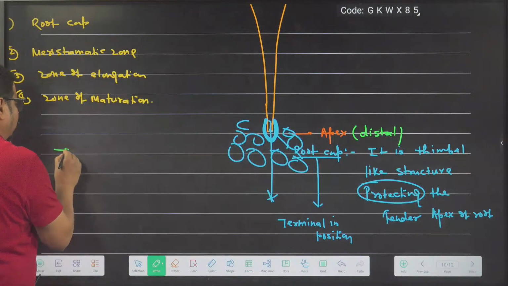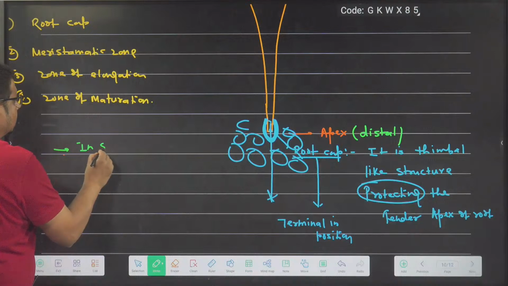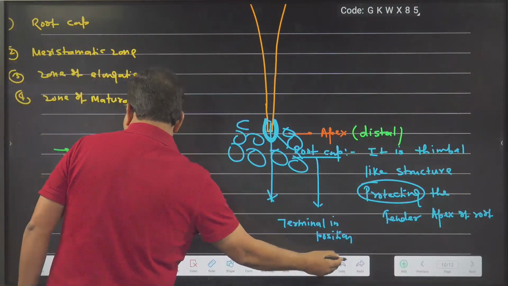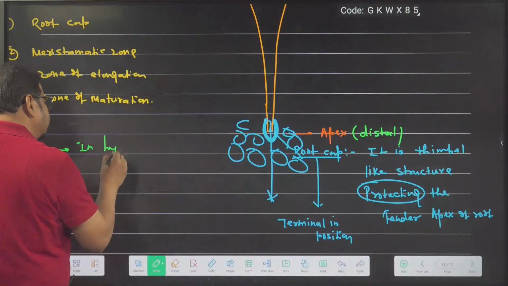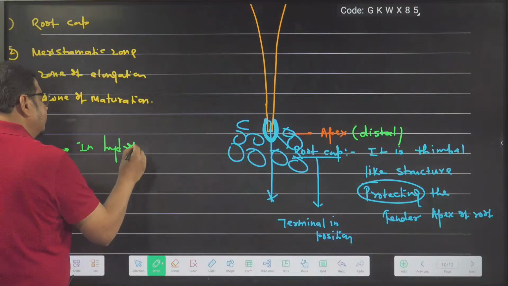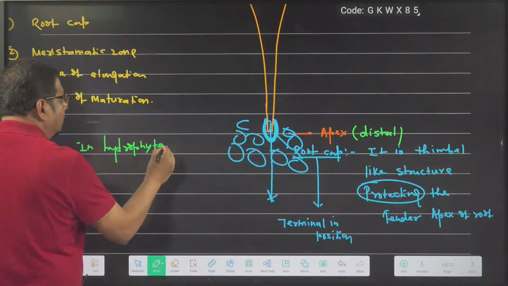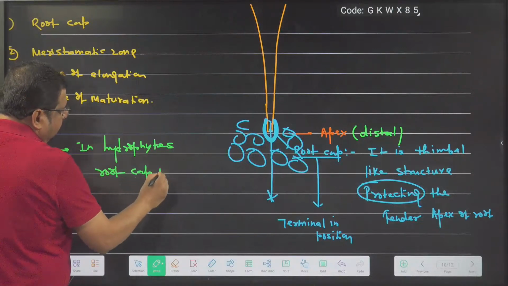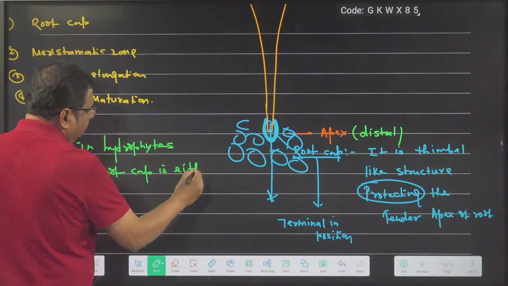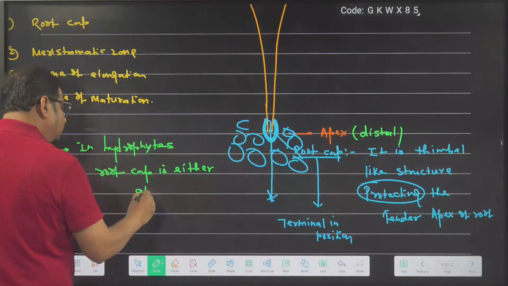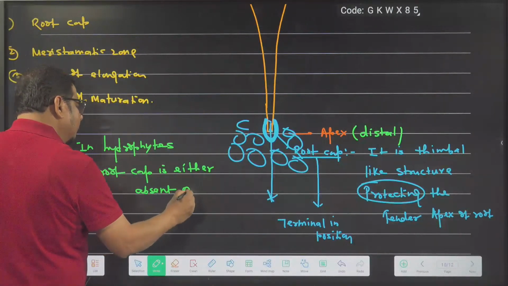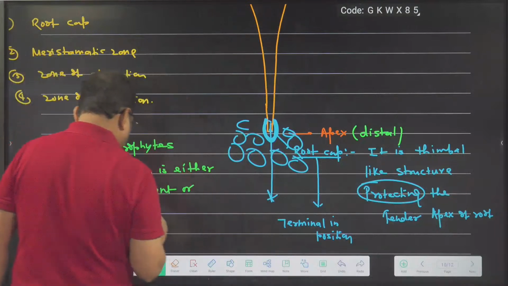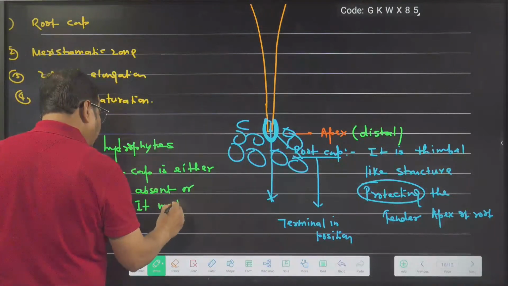So in some hydrophytes, hydrophytes meaning plants growing in water, the root cap is either absent or modified into root pocket.